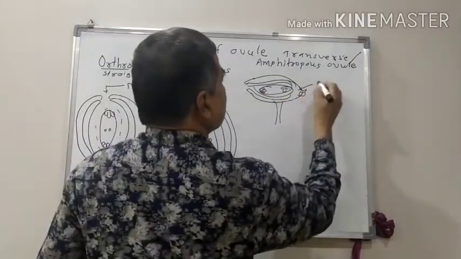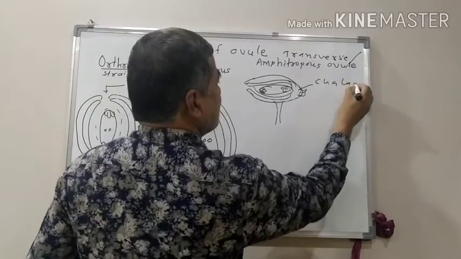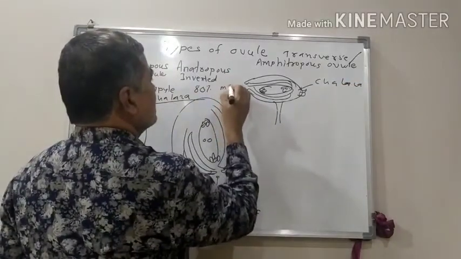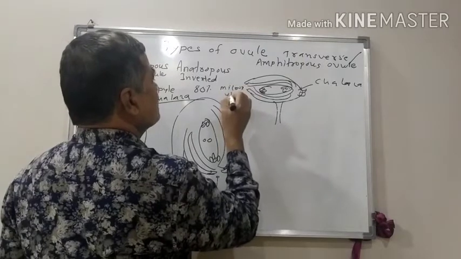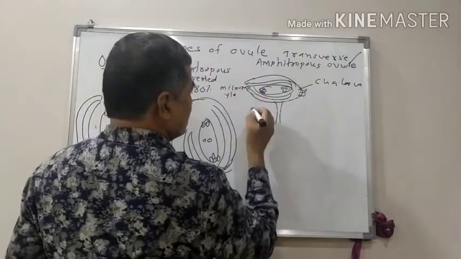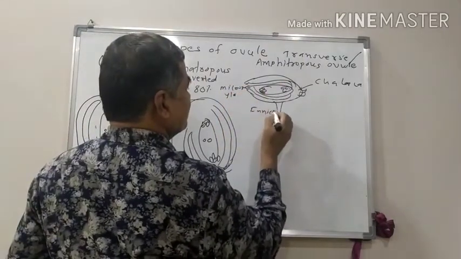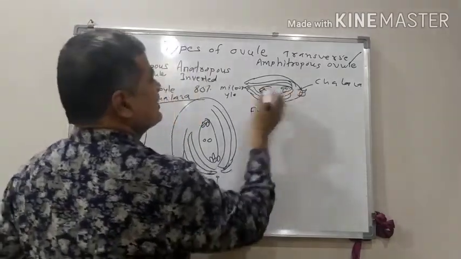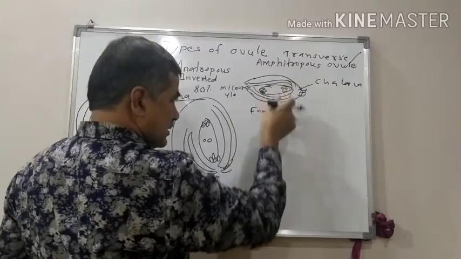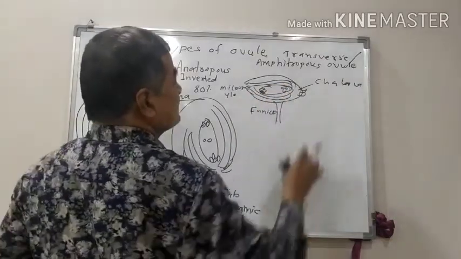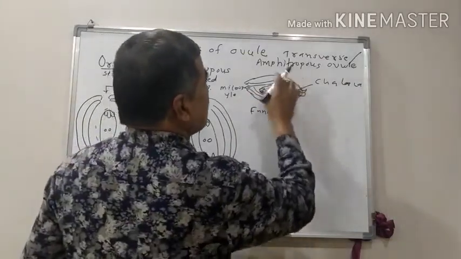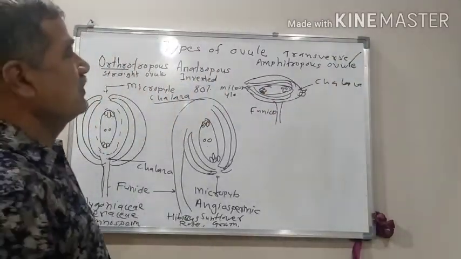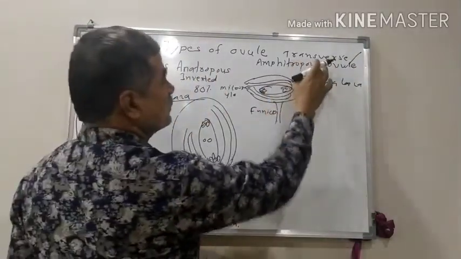This one is the chalaza, this one the micropyle, and this one the funicle. That is, the chalaza and micropyle are placed at 90 degrees to the funicle. This is known as a transverse ovule, or amphitropous ovule.